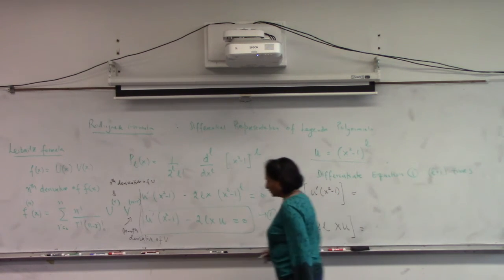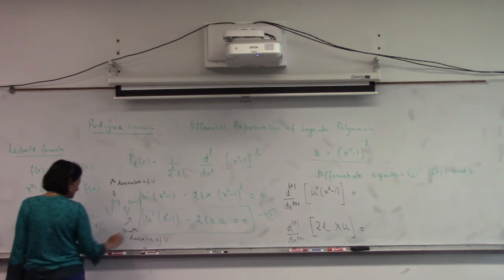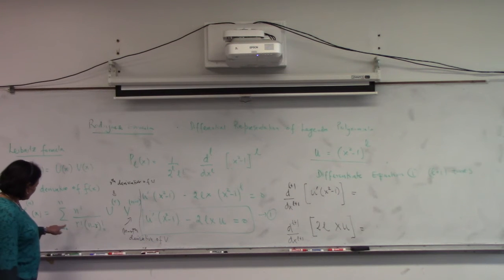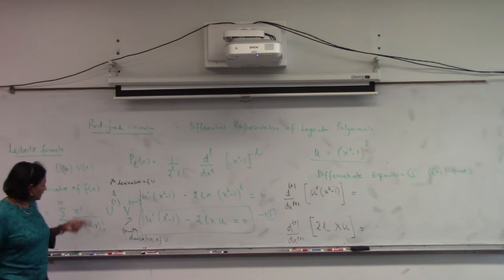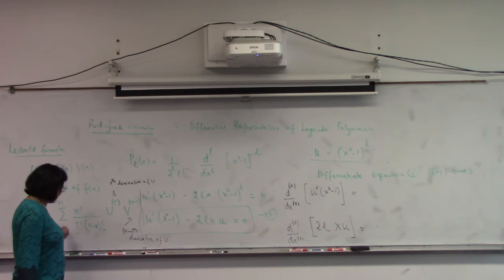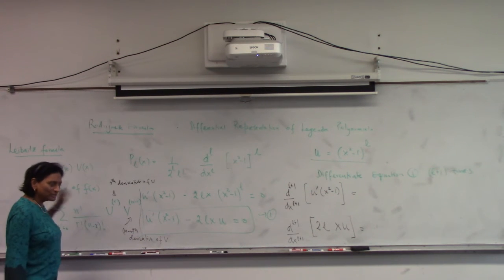Let me tell you a trick in applying the Leibniz formula. We have a product of two functions, and we need to choose which is u and which is v because the sum goes from 0 to n. I want the series to terminate quickly.